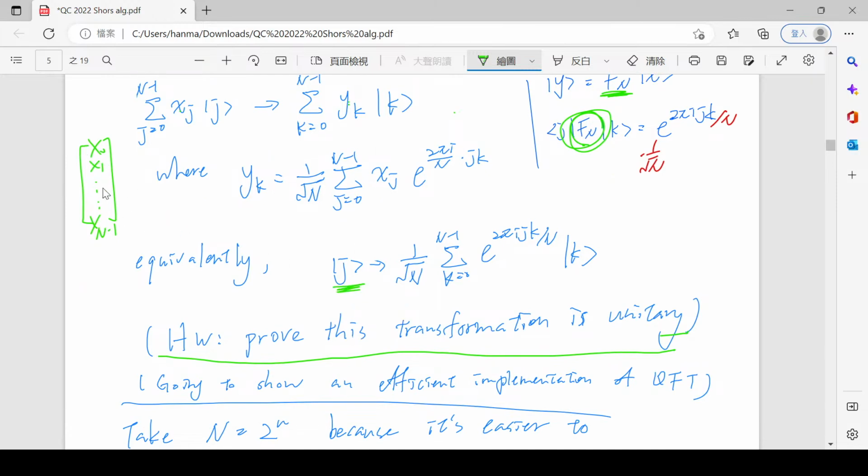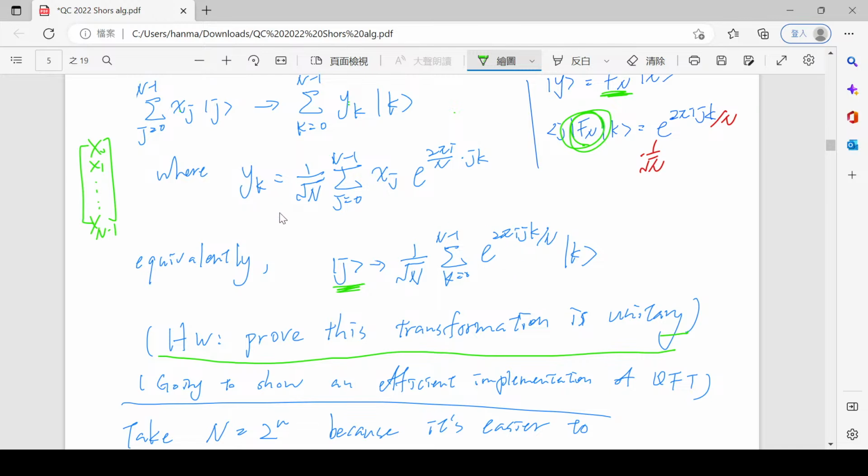So basically we just have xj equal to 1 and all other xj equal to 0. You put that in, and your yk will be 1 over square root n times e to the 2 pi i jk over n.